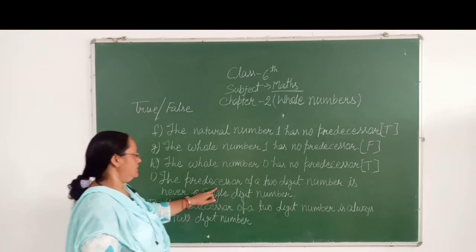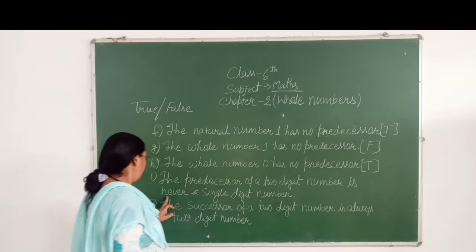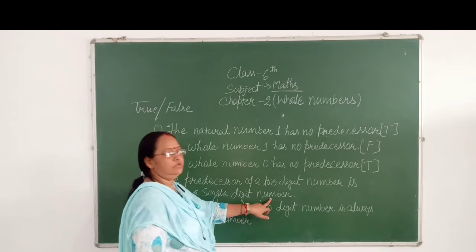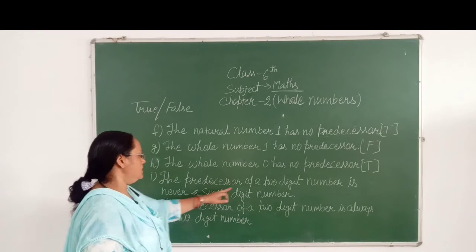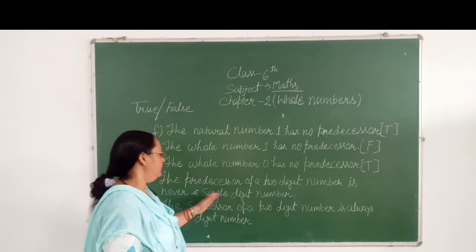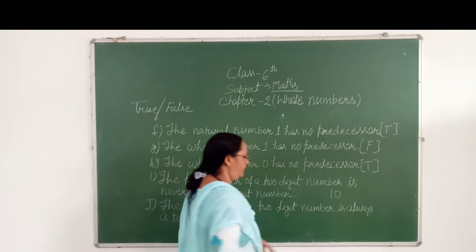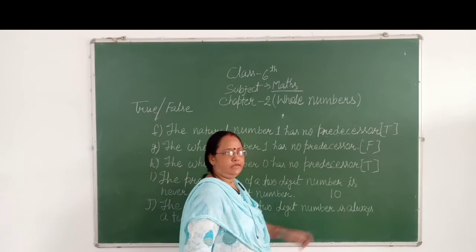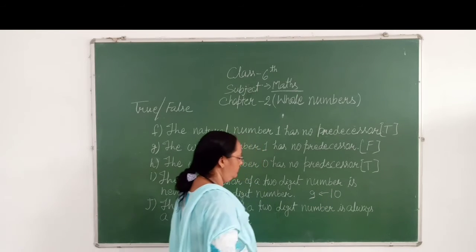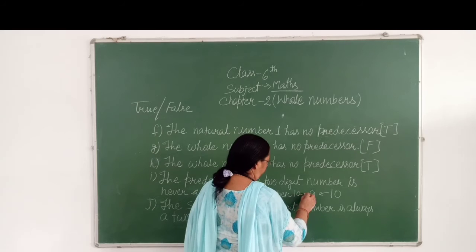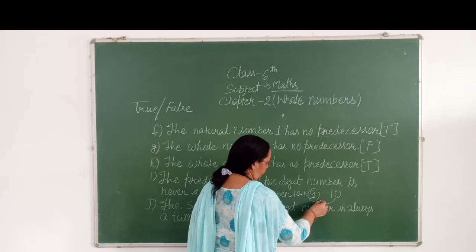The predecessor of a 2-digit number is never a single digit number. This is a false statement. अगर हम 10 हमारा क्या है 2-digit नंबर, इसका जब हम predecessor लेंगे तो क्या होगा ये 9, 10 - 1 = 9. 9 क्या है 10 का predecessor है.